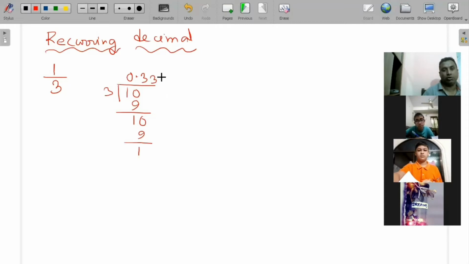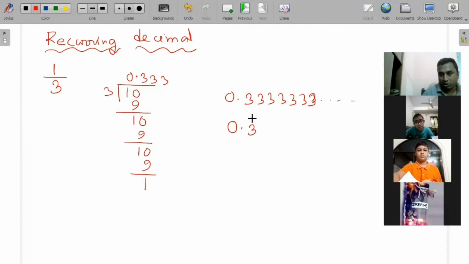It will continue in that way: 0.3333333. But it's quite difficult to write all the 3s, so I will use 1 dot on top of the number, the one which is repeating. 0.3 with a dot on top of 3.